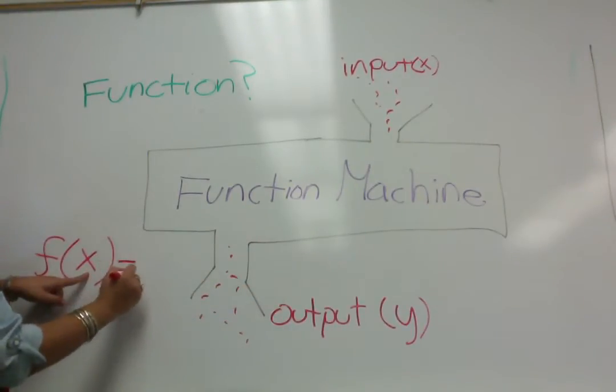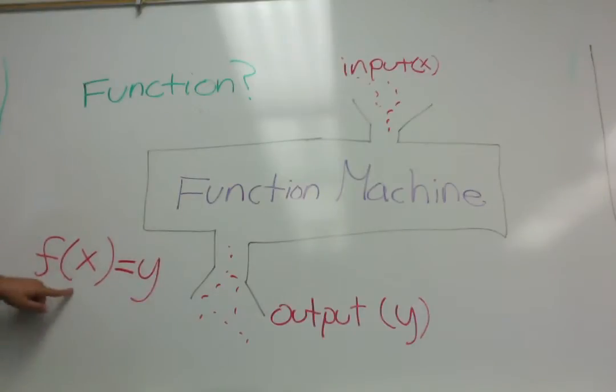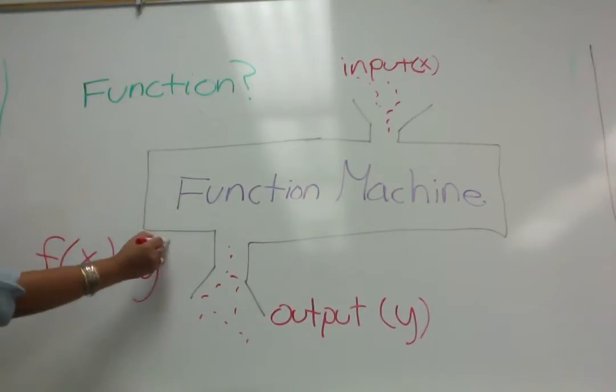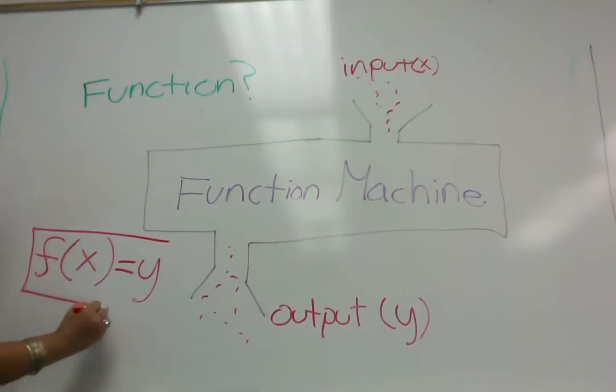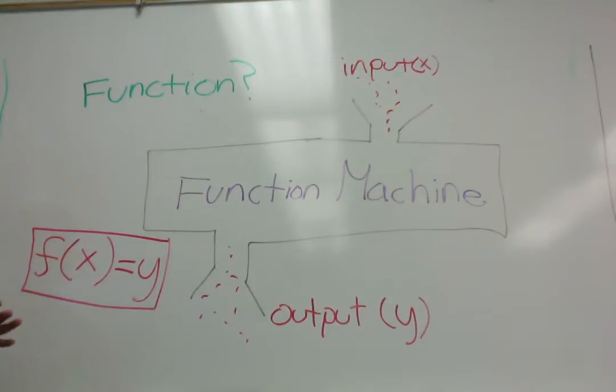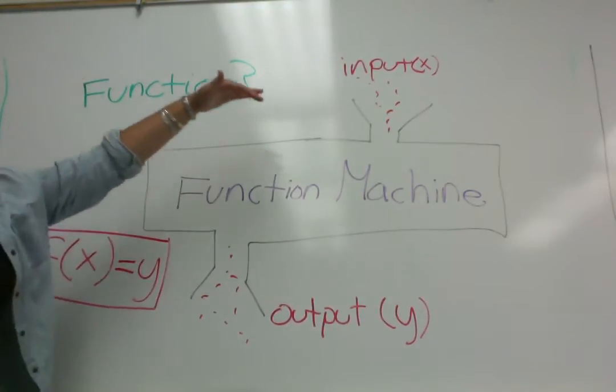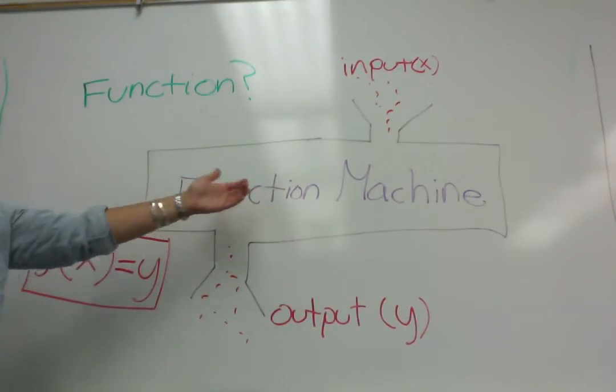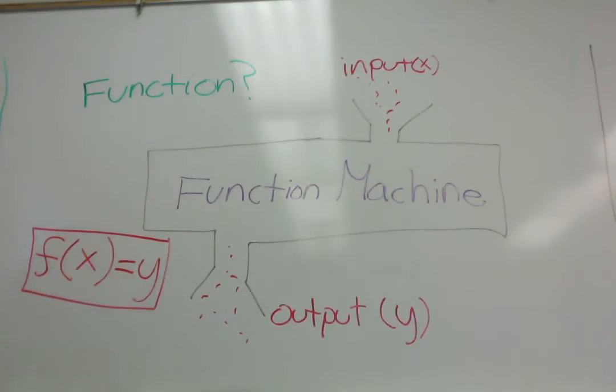So this actually equals y. F of x equals y. This is a very important equation when learning about functions. So a function is something that has inputs and outputs. But there can only be one output for every input.